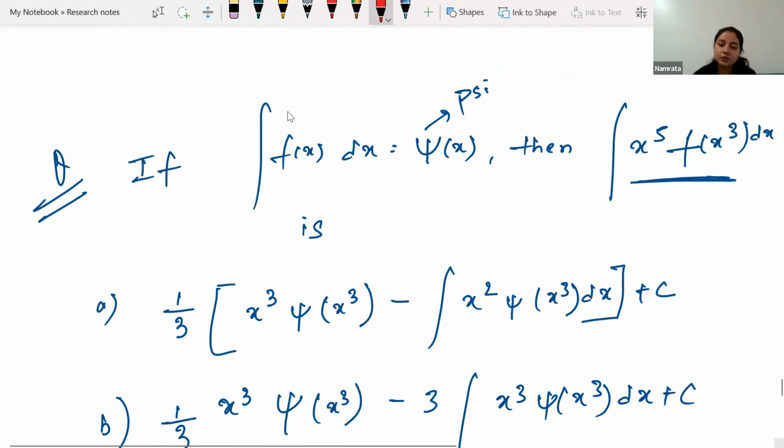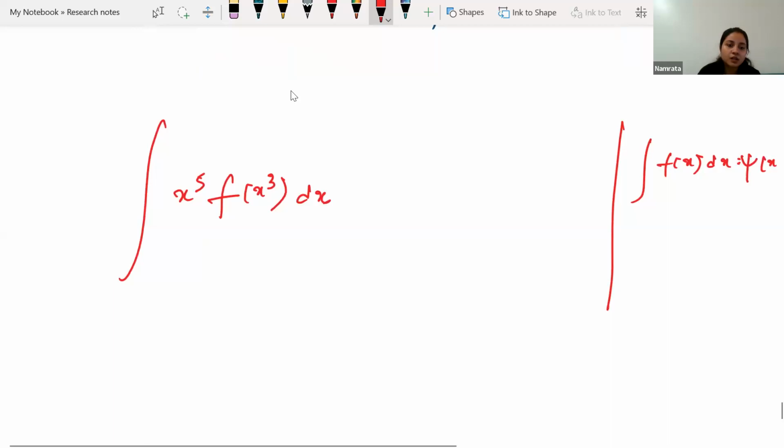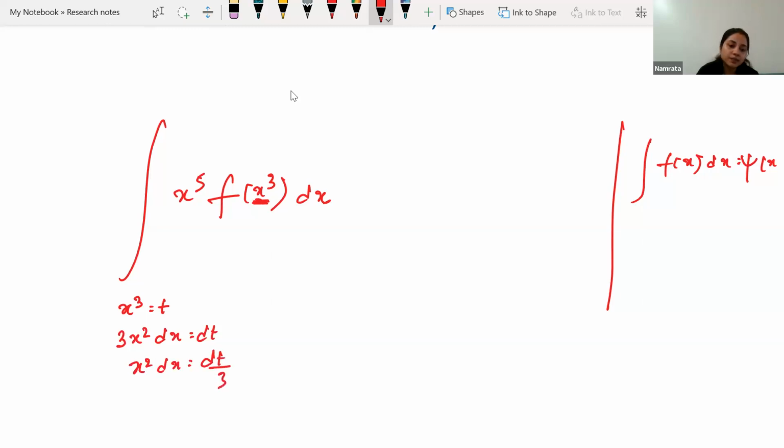So let's continue. f of x cube is there. If we take the substitution x cube equals t, then it gives us 3x square dx equals dt. That means x square dx equals dt by 3.